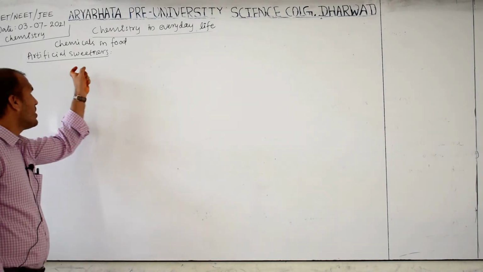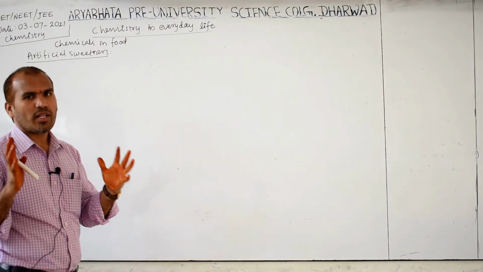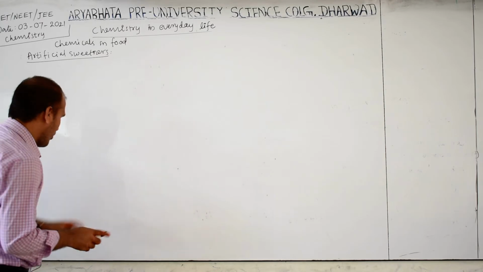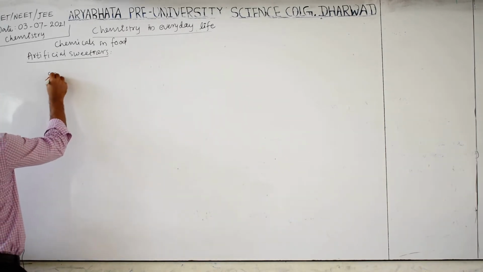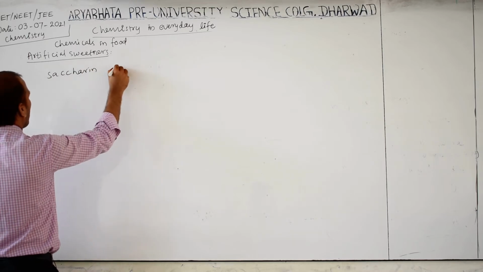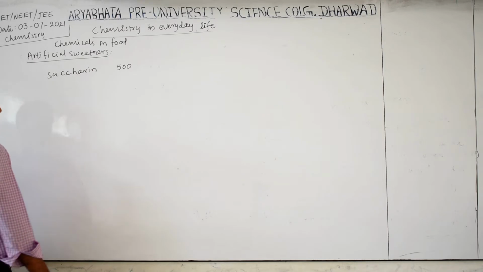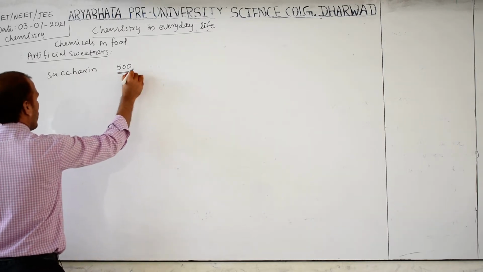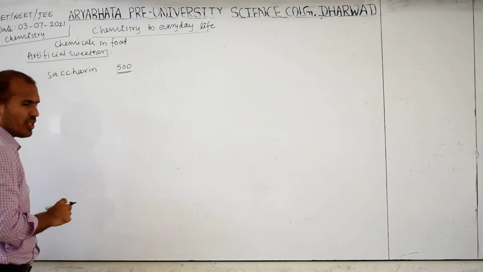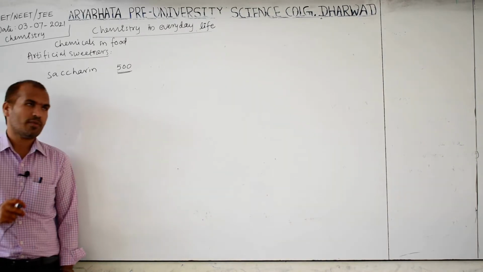Artificial sweeteners give sweetness but not calories. The first one is saccharin. Saccharin is 500 times sweeter than sugar. We have to remember this: how many times sweeter than sugar? 500 times. Another one is aspartame, which is 100 times sweeter than sugar. Next is sucralose, which is 600 times sweeter than sugar.